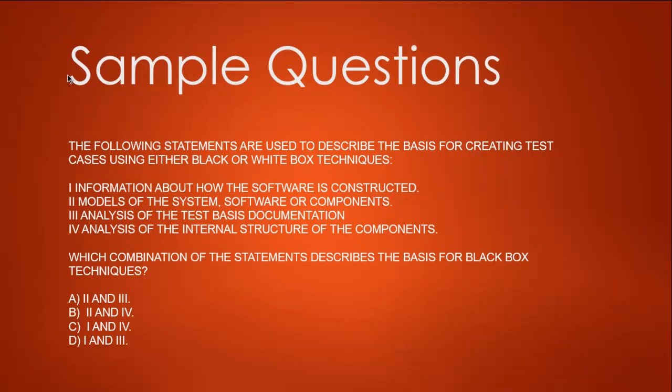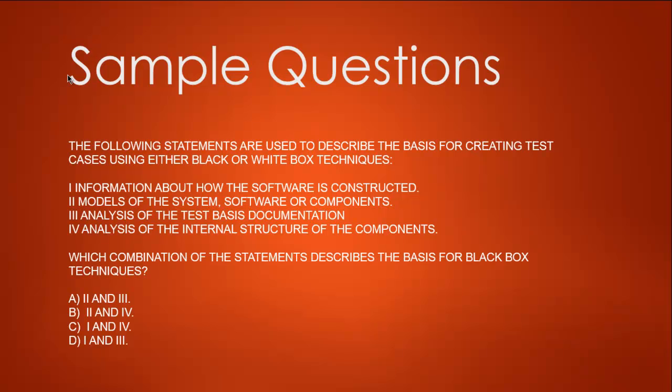So let's go through again. Option 1 is for white box. Option 2, model of system, again shows you the closure for black box, okay, because it is model. 3 shows analysis of test basis, so that again is closer to black box.